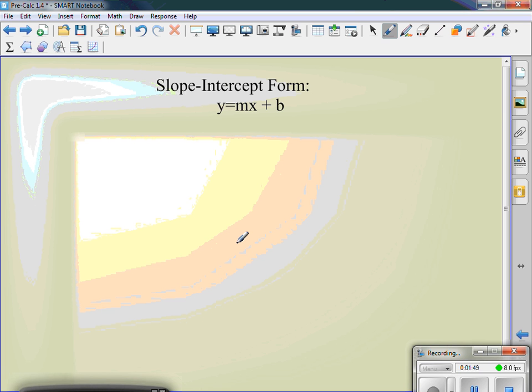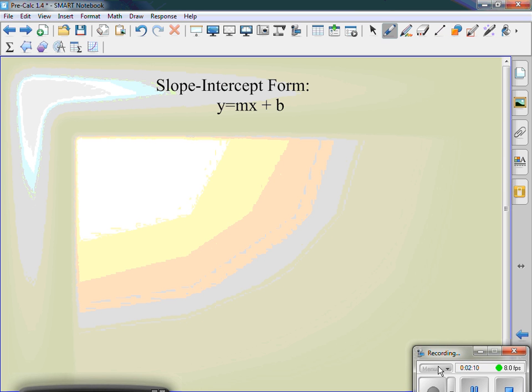Slope-intercept form is y equals mx plus b. M is your slope, b is my what? Y-intercept.